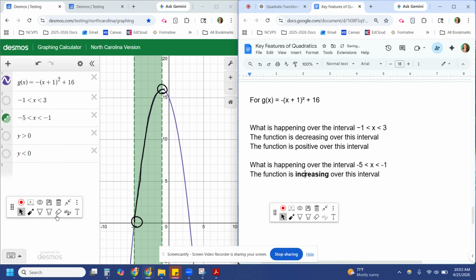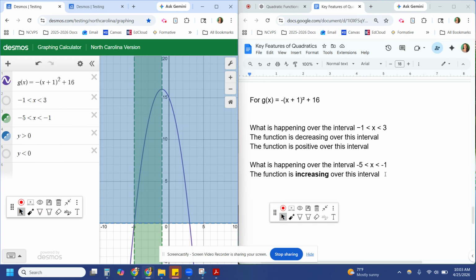And now let's talk about positive or negative. How about you tell me, what do you think? Is it going to be positive or negative in the interval? What do you think? I hope you said positive, because that graph in that section, in that interval, is definitely above the x-axis.